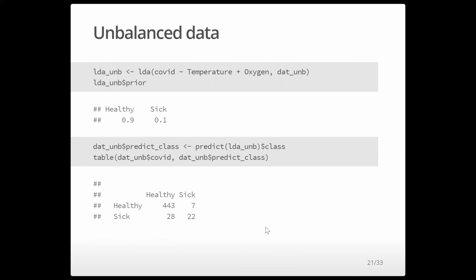And so we can once again look at the contingency table for this classification. And so we see pretty appropriately, it's classifying most of the people as healthy, and in most cases there are very few errors, and then very few people as sick, with again a few errors. So it did a pretty good job of minimizing the total errors.